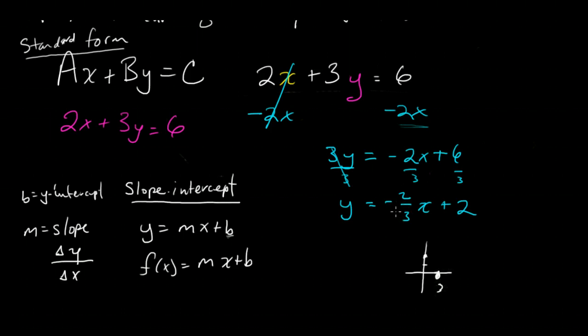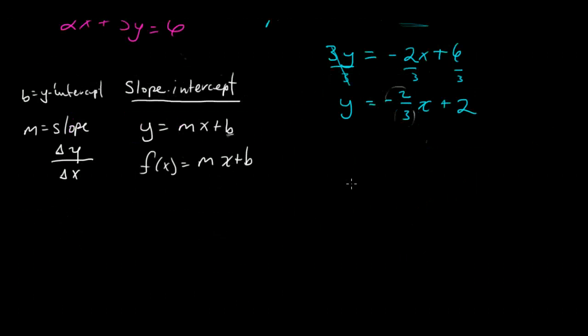And so that's where the slope comes into play. If slope is the change of y over the change of x, then from this point 0, 2 here, the slope tells us that we went a negative 2 and a positive 3. So we went, I wish I could draw that bigger. Let's draw that bigger.